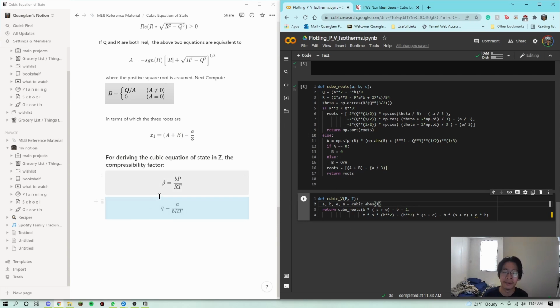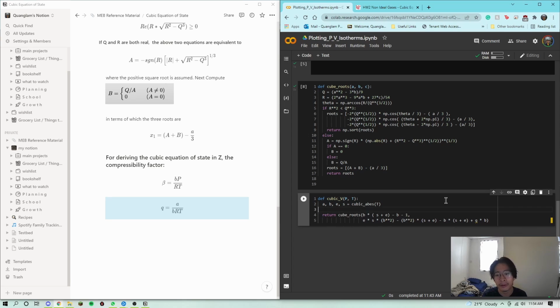Small mistake. I forgot that when deriving this, we chose two expressions, beta and Q, to make our equation a little bit cleaner. So why don't we do that? We'll call this beta. Beta is equal to the correction factor B times P over R times T. And Q is equal to A over B times R times T. Okay, every time I said beta and I wrote down B, I meant beta.